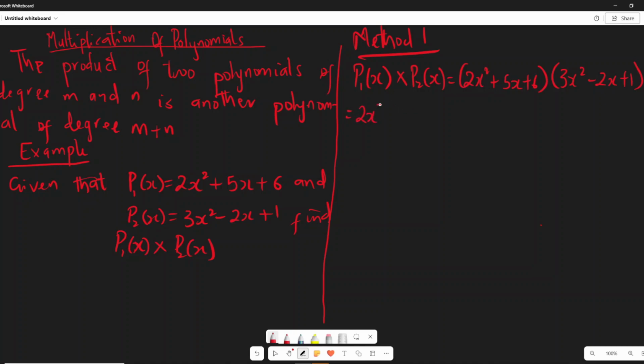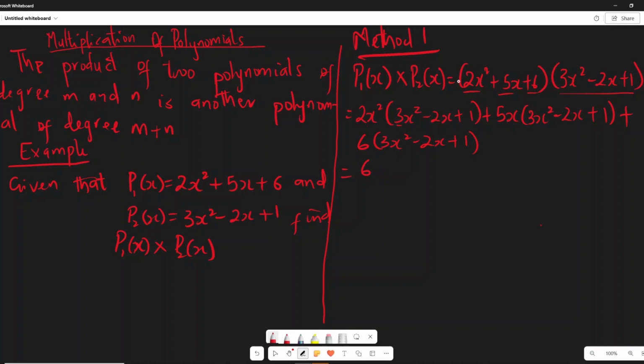We have 2x squared. That will be multiplying 3x squared minus 2x plus 1. And then we have plus 5x multiplying 3x squared minus 2x plus 1. And then lastly, plus 6. It means we are multiplying, taking this individually, and we are multiplying everything here. Plus 6 multiplying 3x squared minus 2x plus 1. Good. So we'll be having 2 times 3, which is 6.